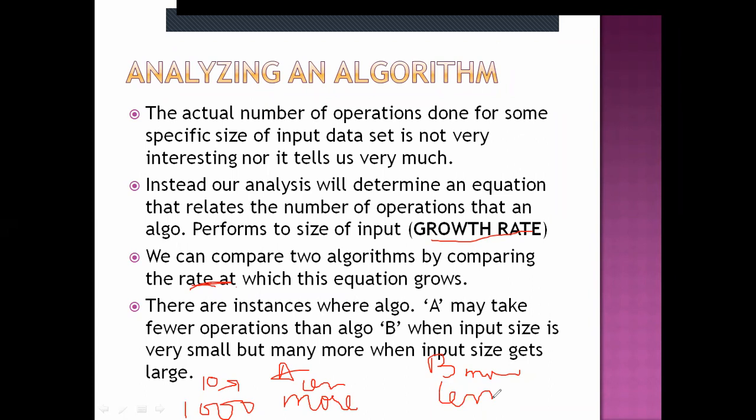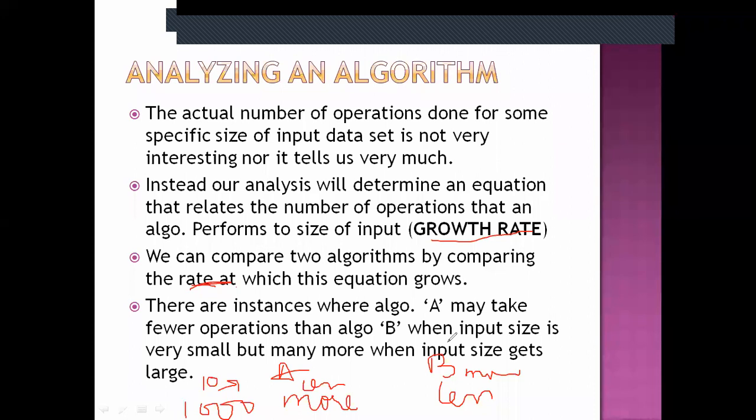Then how can you say which of these two algorithms is better to solve a given problem? You can't say A is better because A was taking less time when the number of elements was 10. So in order to find out which one is better, we need to find out the relationship between the complexity and the number of elements.